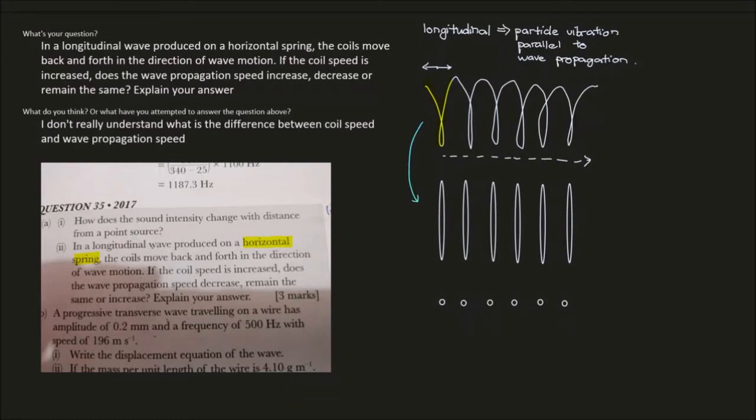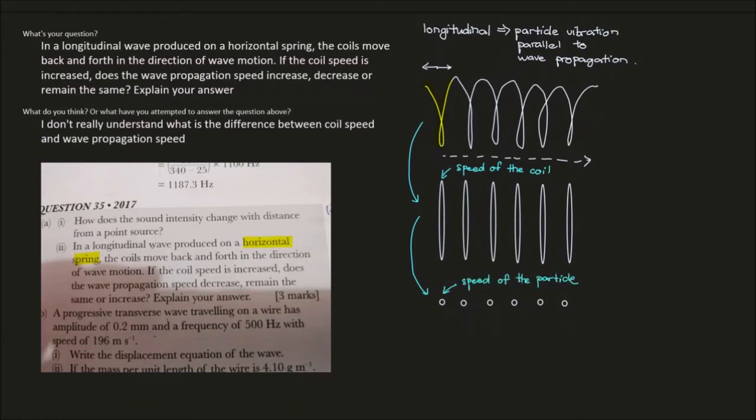Then the second approximation that I make is I approximate each coil as technically one particle. So that's why if we talk about speed of the coil, or coil speed, it will just be the same as the speed of the particle if we do this approximation.